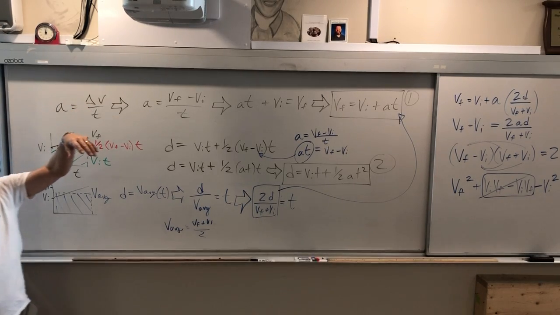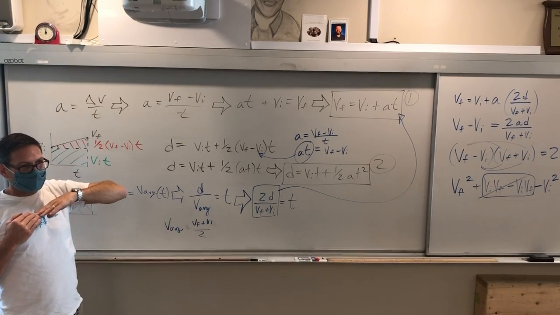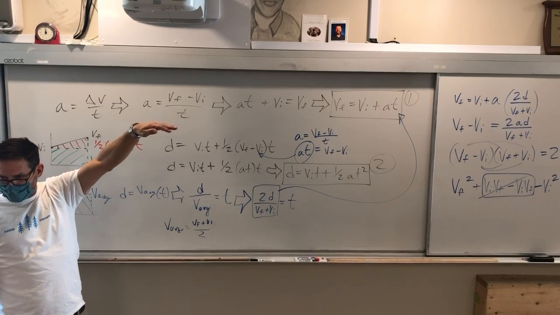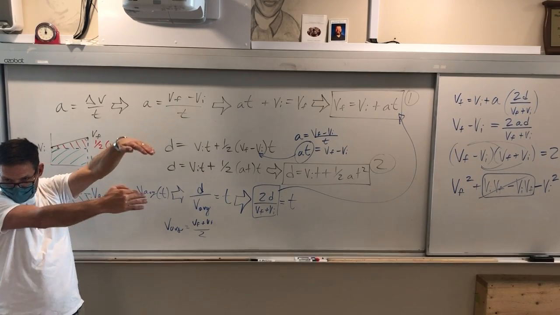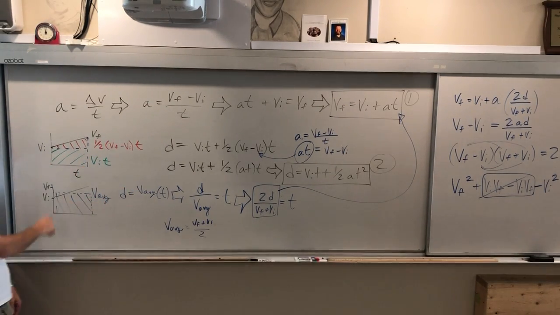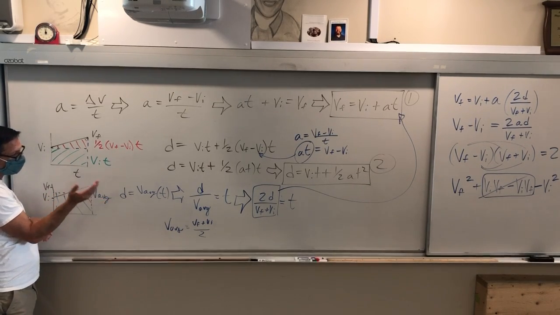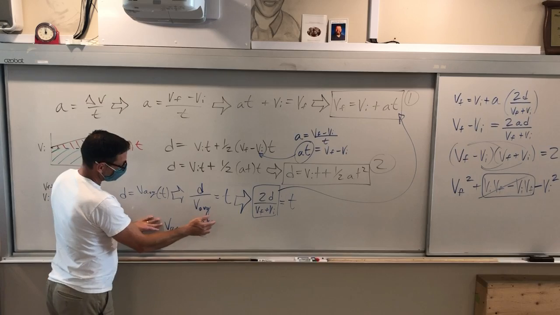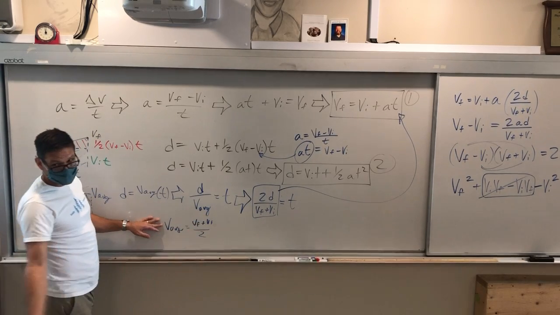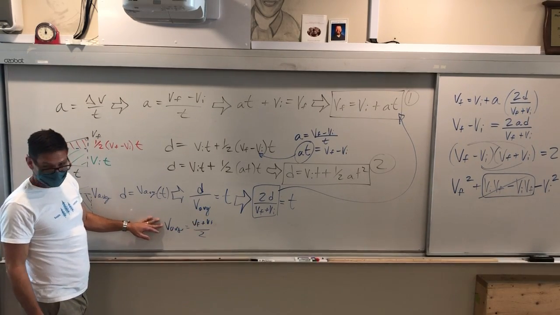So if you started at 4 and you finish at 8, your average velocity is going to be 6. So you take your average velocity, and that is your final velocity plus your initial velocity divided by 2. Just the average of the two numbers.